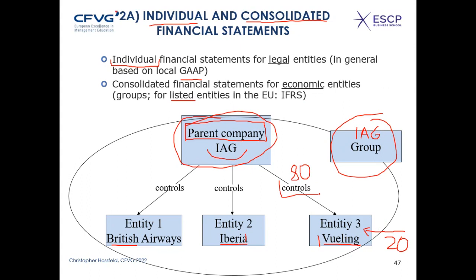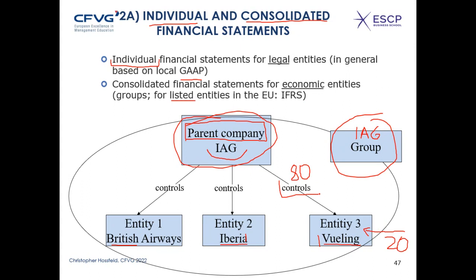Okay, so the difference between consolidated and individual financial statements: individual financial statements give a legal view. Consolidated financial statements give an economic view of the situation. As I said earlier, one of the principles in IFRS is faithful representation, substance over form. So it's the economic reality that interests me, not the legal one.